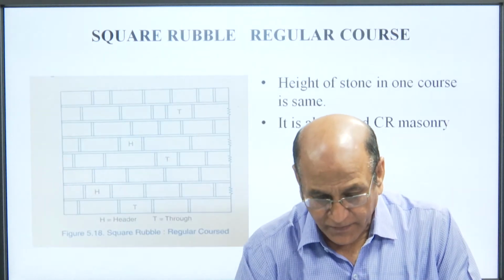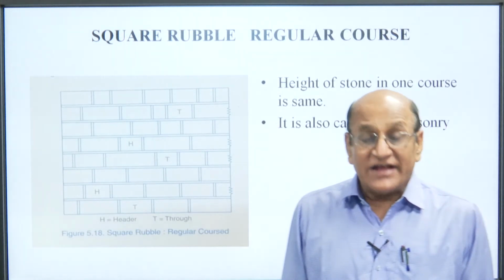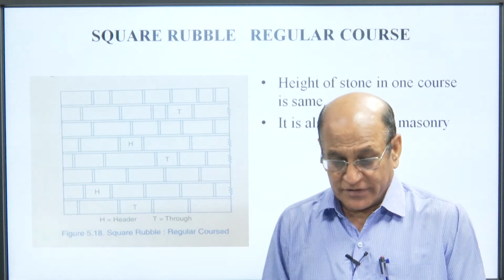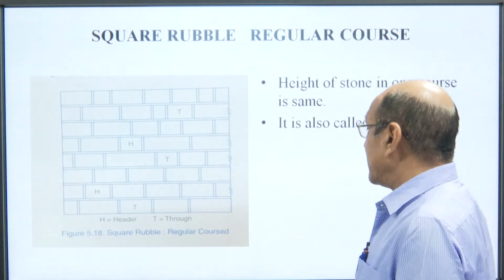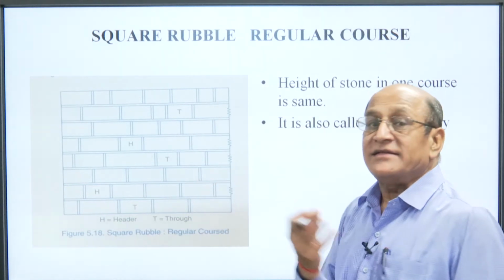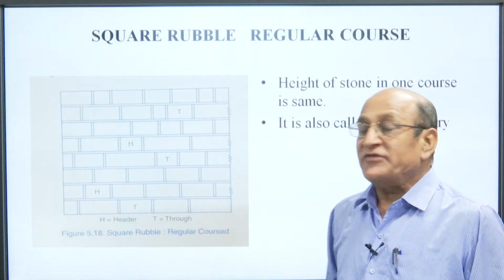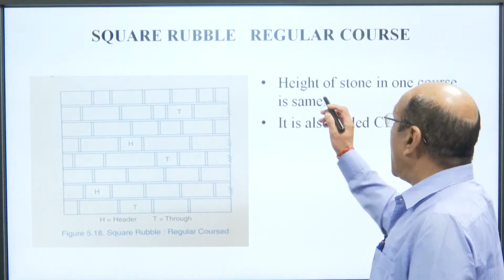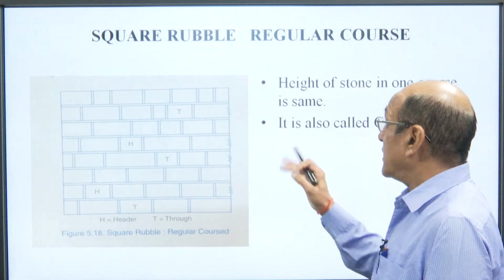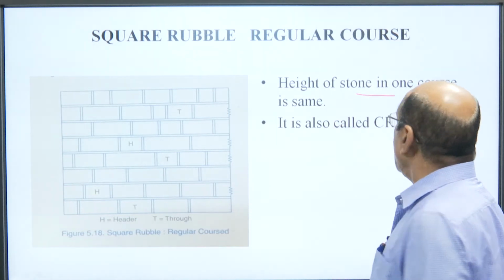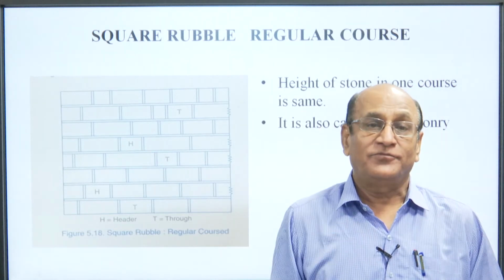Now come to square rubble of regular course. We can see its appearance is slightly better than the other masonry work. The special feature of this course is that the height of the stones in one course is the same.